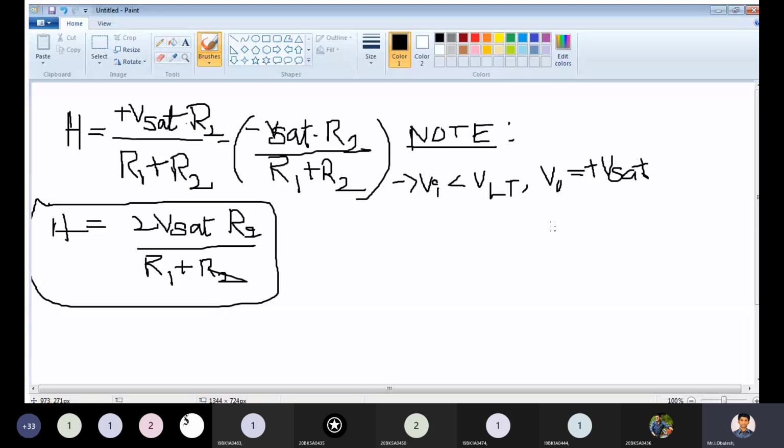This is the first point. Next point: if VI is greater than VUT, then the V0 value is the minus V saturation. V0 is minus V sat.